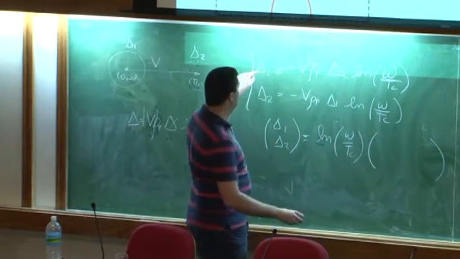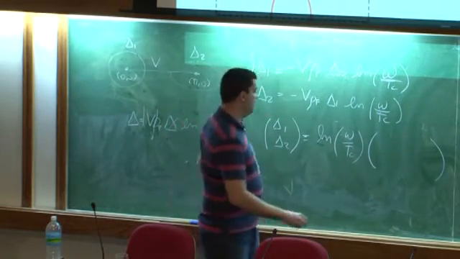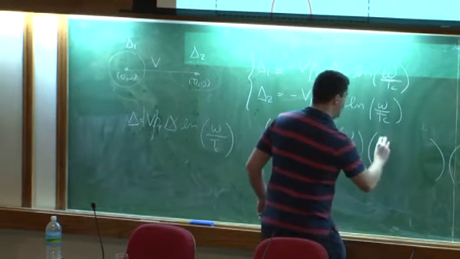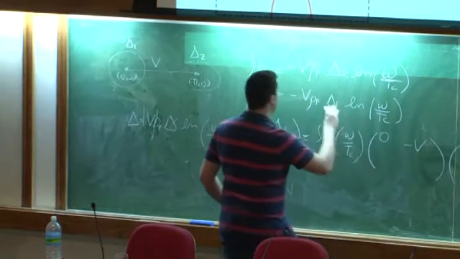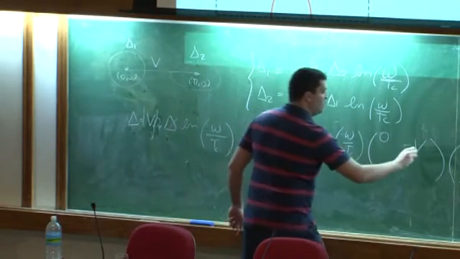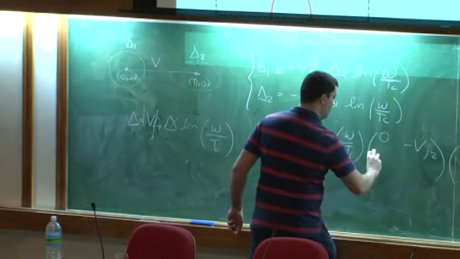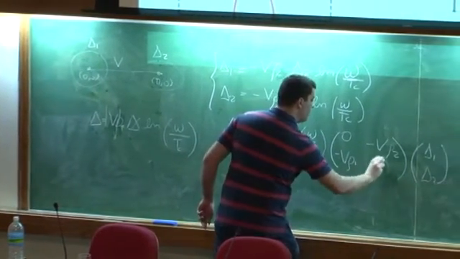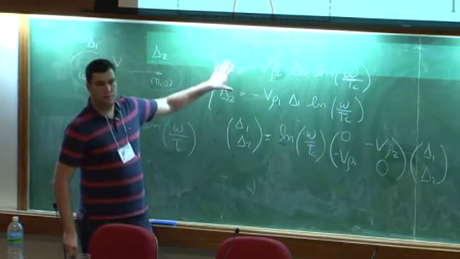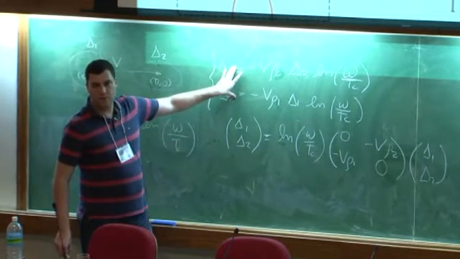Now this matrix here, delta 1 couples to delta 2. So it's 0 minus V, of course, density of states of band 2 and 1. That's important. Rho 2, rho 1, 0. This is just matrix form of this 2x2 system of equations.